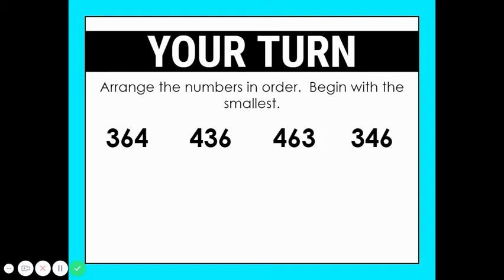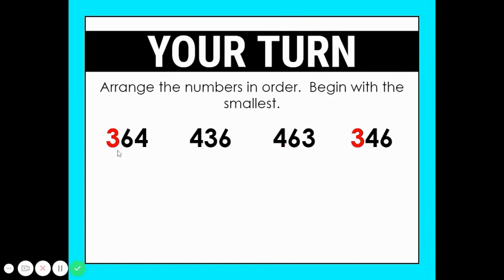So remember, when we are arranging numbers, we start by looking at the biggest place value. And the biggest place value we have in these numbers is the hundreds. So we're going to start by looking at the hundreds place. So I see we have 300s, 400s, 400s, and 300s. So we're going to start by looking at the numbers that have the 3 in the hundreds, because I know 300s is smaller than 400s.